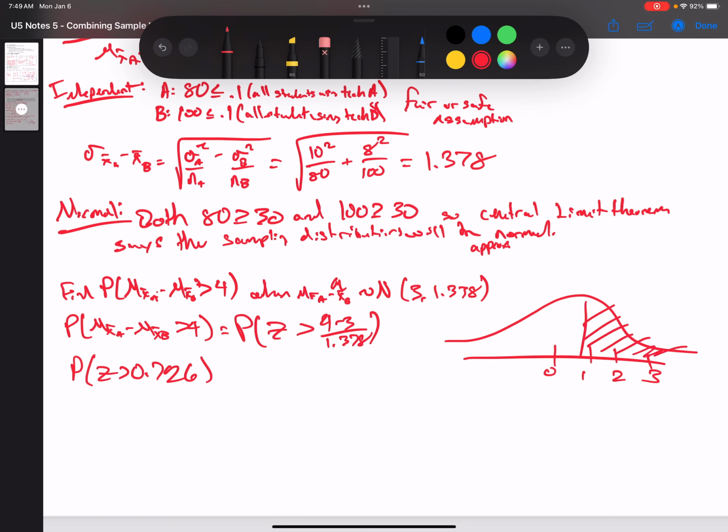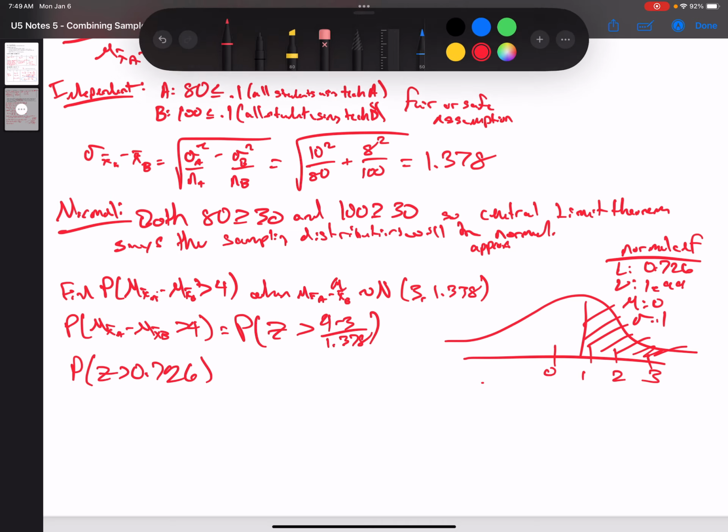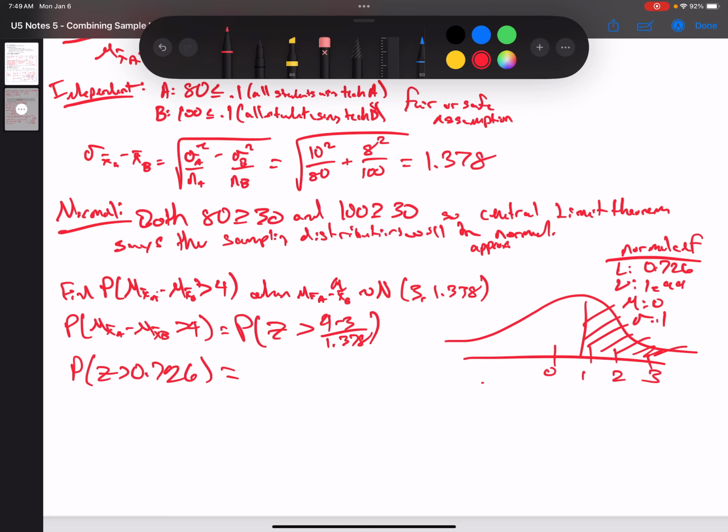And that means we're dealing with a normal CDF with a lower bound of that 0.726. Our upper bound is positive infinity. Our mu is 0, and our standard deviation is 1. Okay. And this gives us a probability, throw that in your calculator, and we get 0.234.